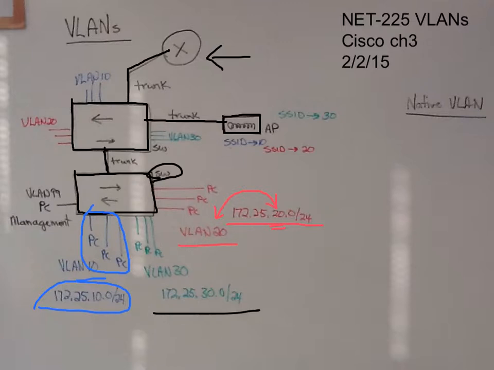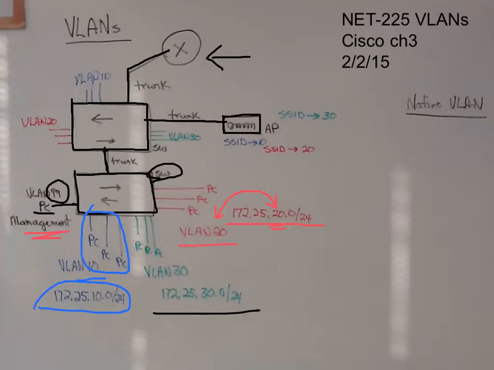Now if you notice, also over here we created a management VLAN, VLAN 99. We put a PC there, so that port wouldn't communicate with any of the other ports on the device.